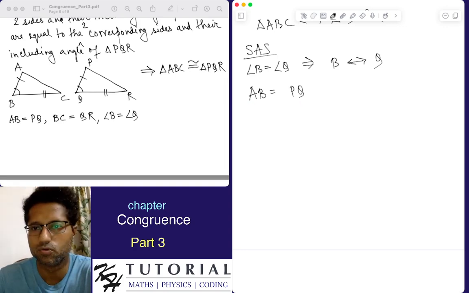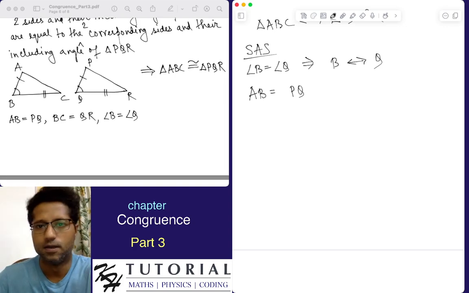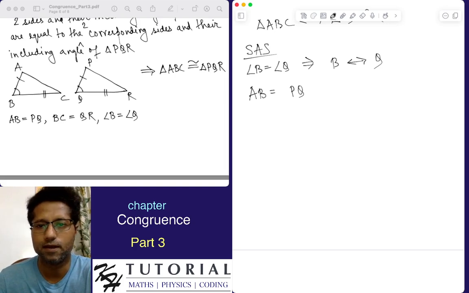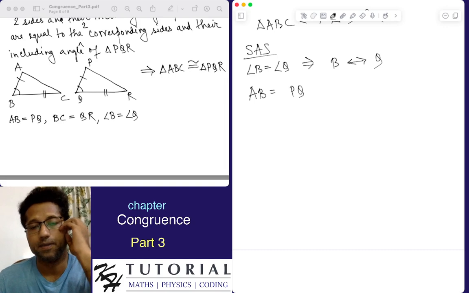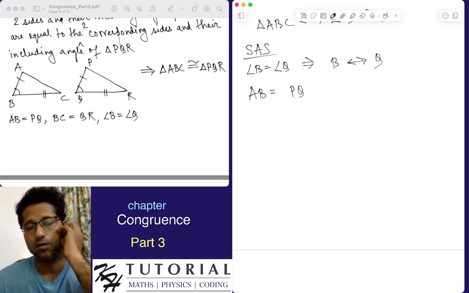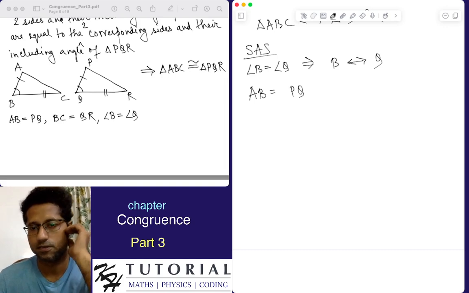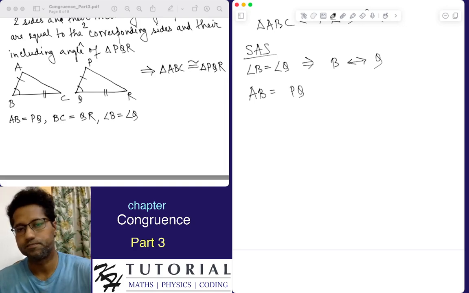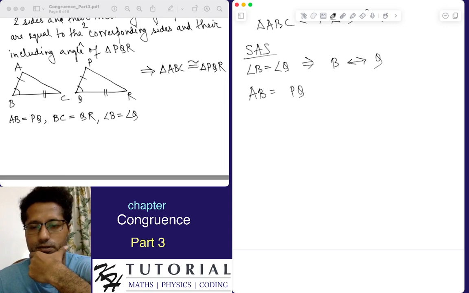Under the SAS congruence condition, the two equal angles will also imply the mapping of the two vertices, as per the angle names, letters.